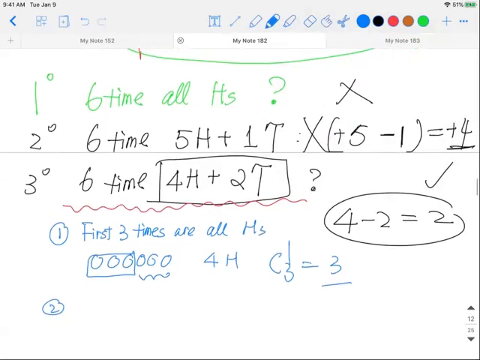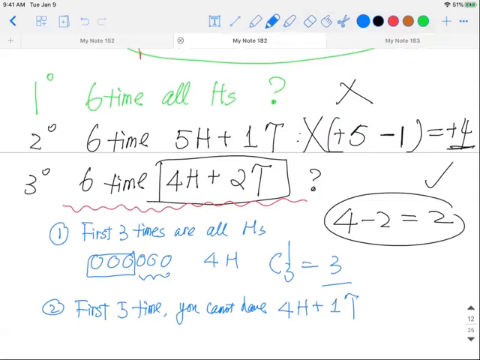Second one is the first 5 times you cannot have 4 heads plus 1 tail. Is that right? In the first 5 times, as long as you have 4 heads plus 1 tail, you automatically reach A equals to 3. Your game is over. You can't do this.